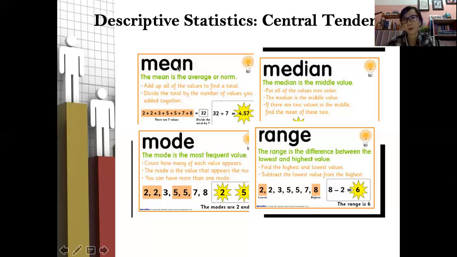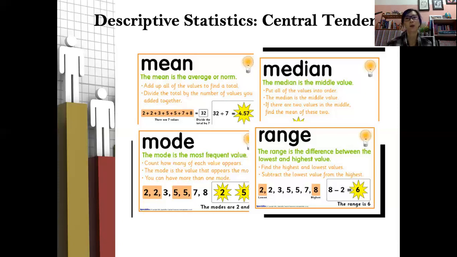Mean, everyone knows, mean refers to the average score. How to get the mean? In your previous assignment, you were asked to find the formula. If there is a formula, I will check later from your calculation whether you get the correct formula or not. And then median is the mid value.